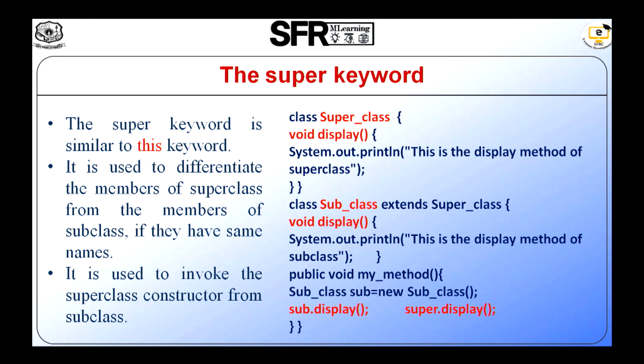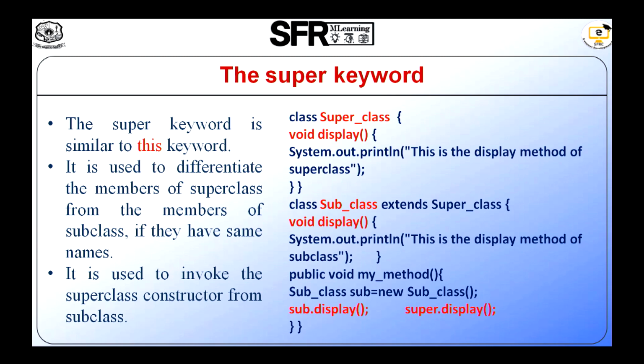And next, this is the purpose of using the super keyword. The super keyword is like the this keyword. It is used to differentiate the members of the superclass from the members of the subclass. For example, if we have the same name for the method in the superclass as well as in the subclass, we use this super keyword to differentiate both of them. This is the example for the super keyword. In the superclass, we have the display method.